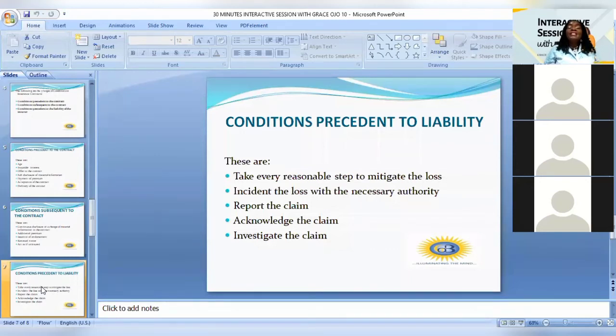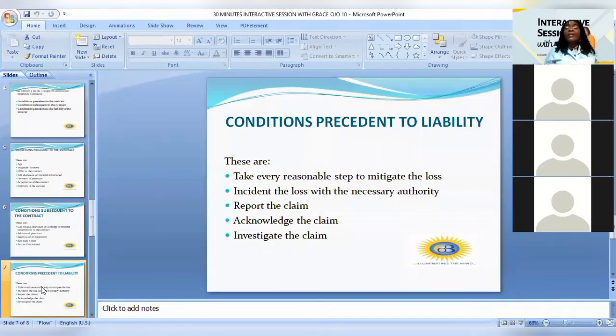Maybe the fire just occurred in your kitchen, and you have a fire extinguisher close by. The next thing you should think of is to quickly take the fire extinguisher and release it on the fire, so as to immediately stop the loss if you can. So you take reasonable steps to mitigate the loss.